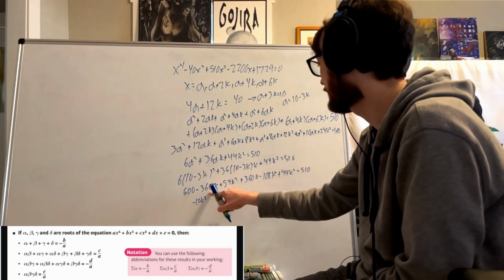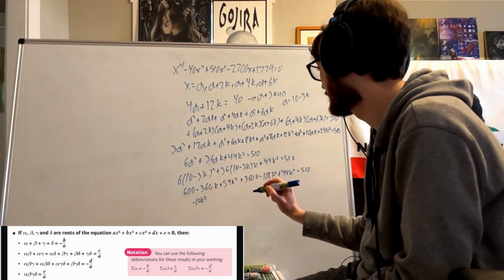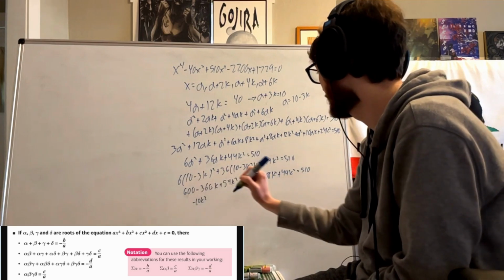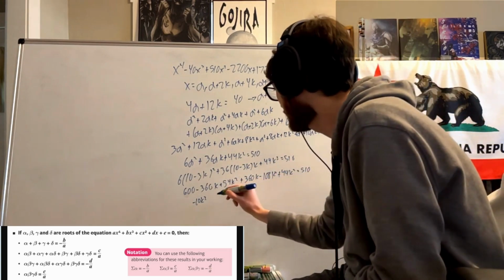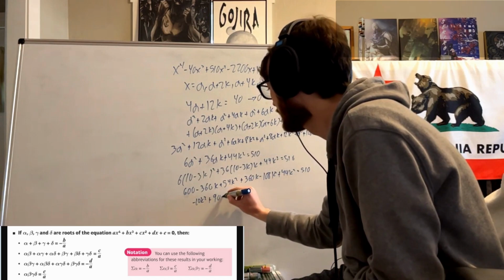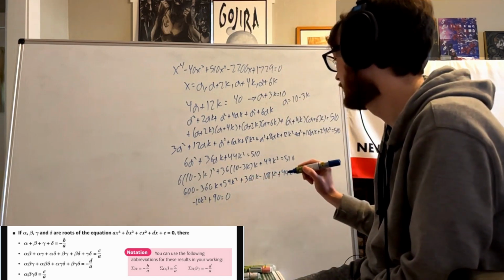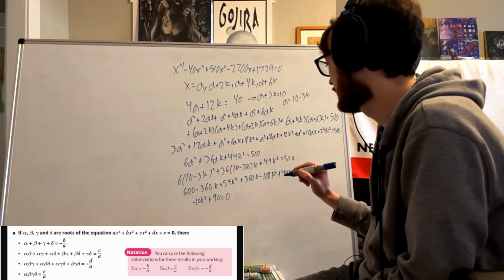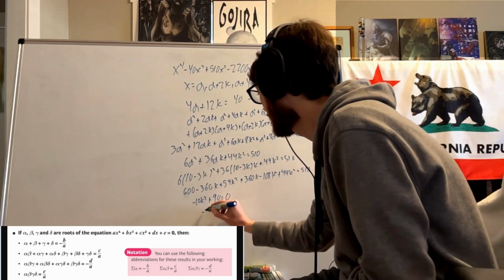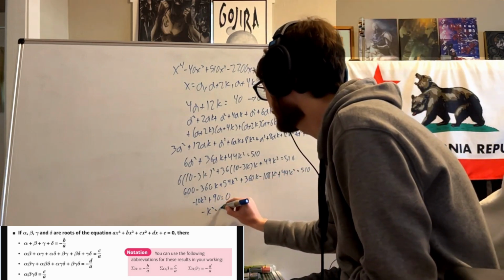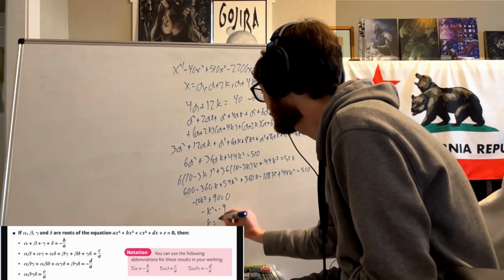K is minus 360 plus 360, it goes away. 600 minus 510 is 90. Plus 90 equals 0. So minus k squared equals minus 9. K equals plus or minus 3.